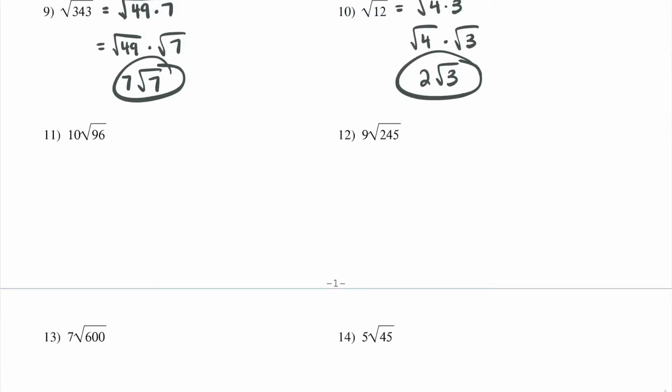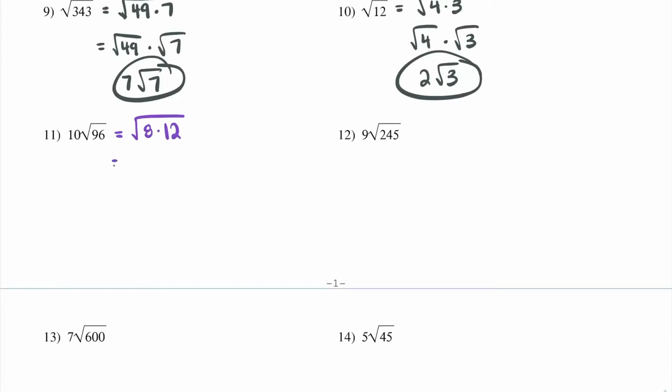All right, 10 times the square root of 96. Let's do 96 divided by, okay, so I know that 8 times 12 gives me 96. I'm going to split the 8. I'm going to also split the 12.